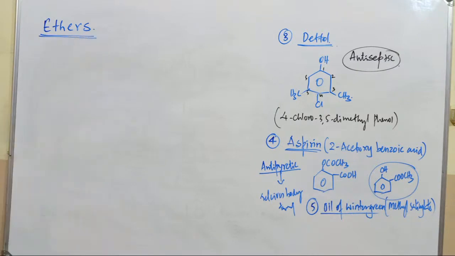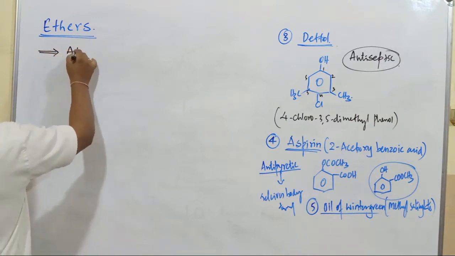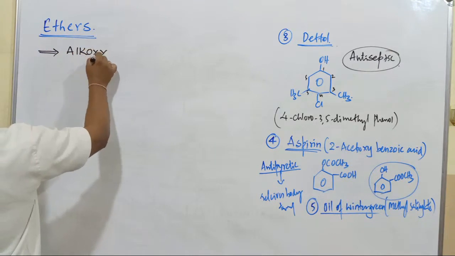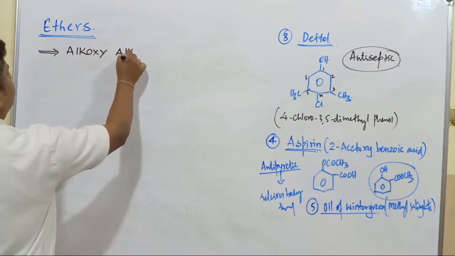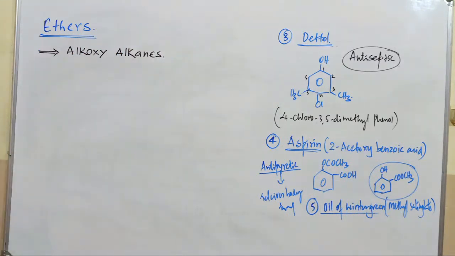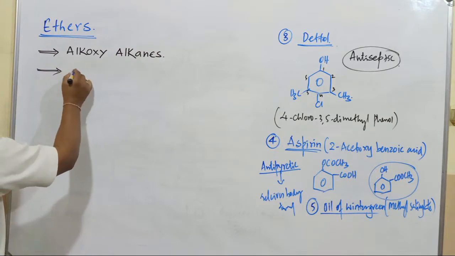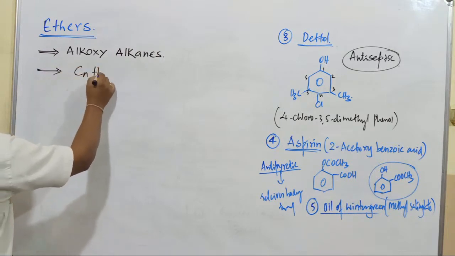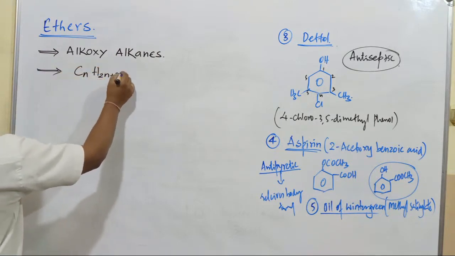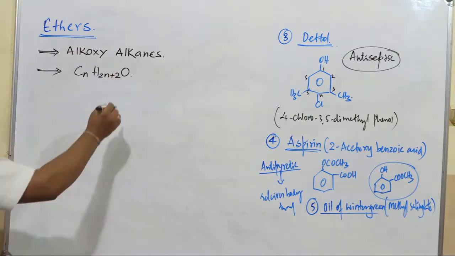What are ether compounds? Ethers are generally represented as alkoxy-alkane compounds. These compounds are represented by the general formula CnH2n+2O, where the O is oxygen.